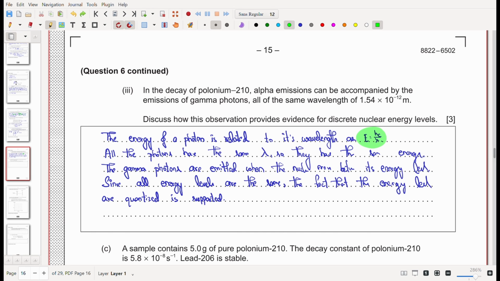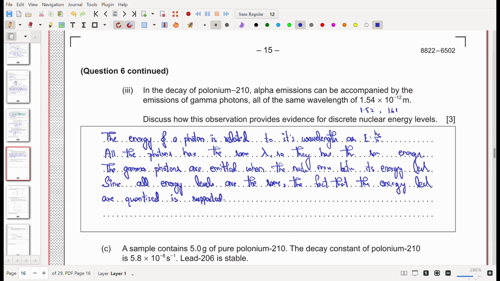Since the photons are emitted when the nucleus moves from its higher energy levels to lower energy levels, this means that the energy level differences are the same. And in fact, it means that the energy levels must be quantized, because if they're non-quantized, you will have photons with energy 1.52 or 1.61 and so on.